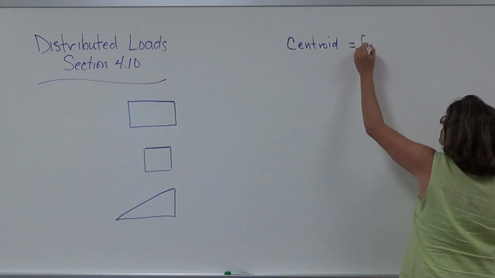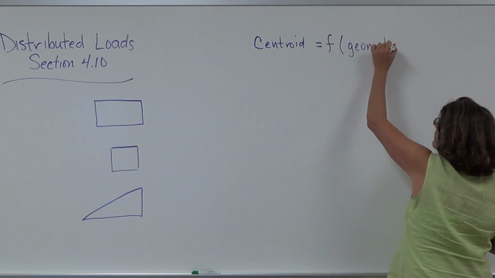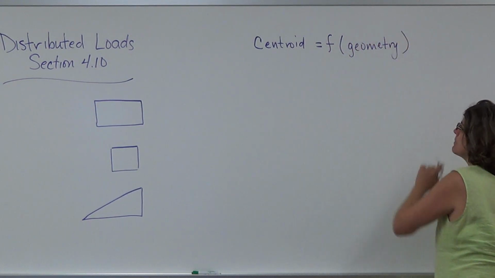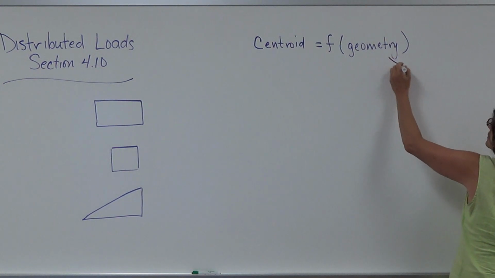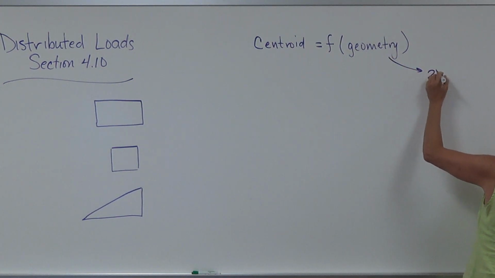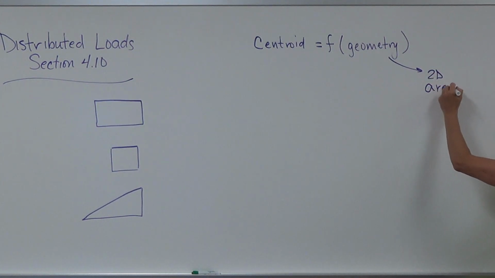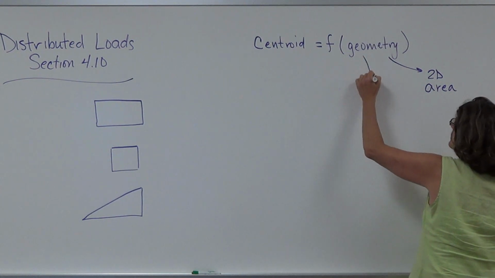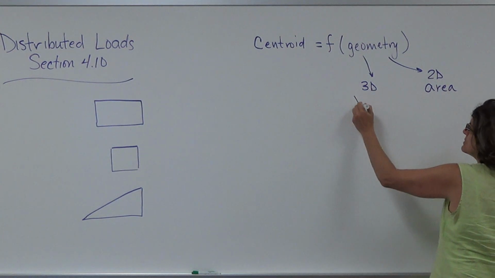Centroid is a function of the geometry of the item. So if we're talking about a two-dimensional body, the geometry that we're dealing with is area, because area is 2D. If we're dealing with a three-dimensional body, the geometry that we're dealing with is volume.